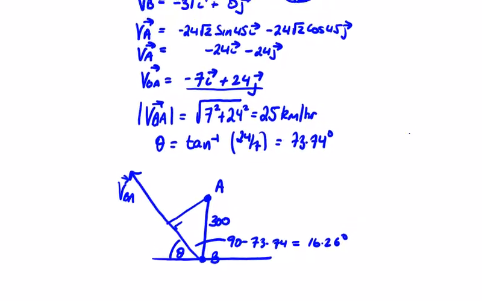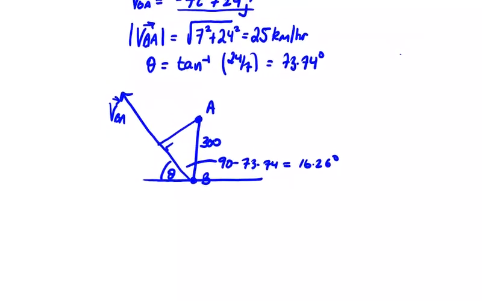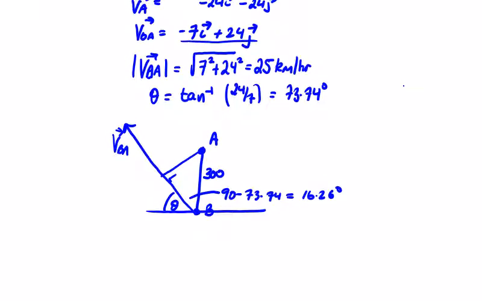So we have our diagram here, so let's reread the question. They can exchange signals for 2.8 hours, find the value of d. Okay, so let's say they can exchange signals between these two points. We call this point X. We can get AX with our angle inside the triangle, so I'll just take the triangle outside here, with the hypotenuse of 300, and this angle in here is this 16.26.